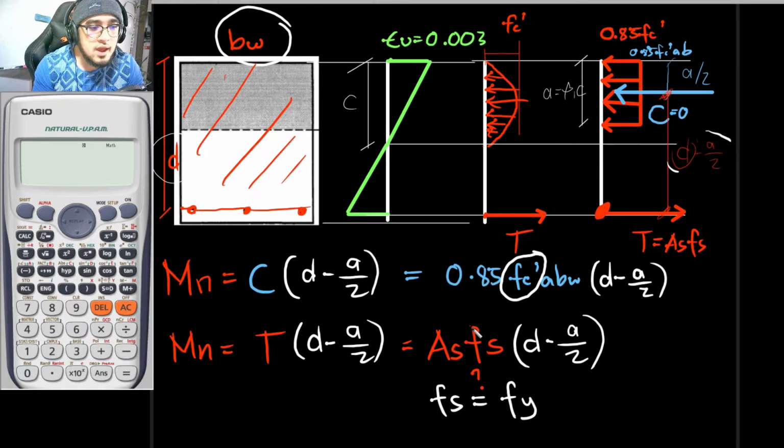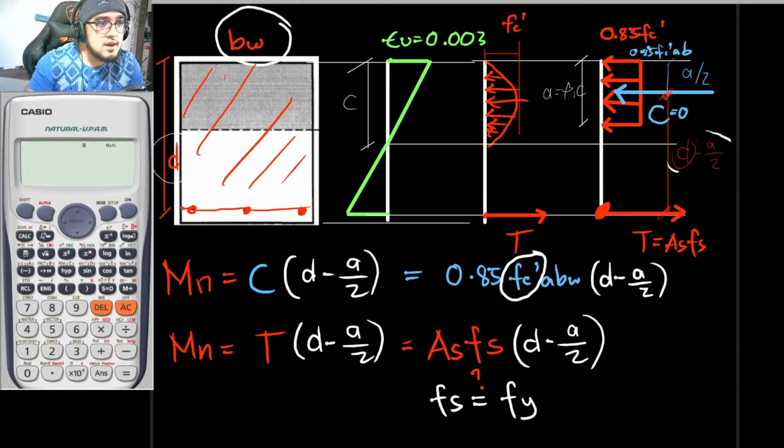We cannot solve for this moment if we do not know the value of Fs. And we still also cannot solve for this moment because the value of your a is dependent upon the value of your Fs. Once again, in Tagalog, di pa natin masasolve kasi di pa natin alam yung value ng Fs.